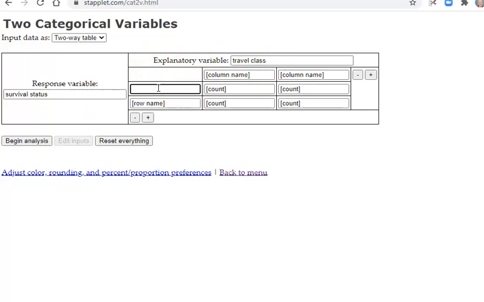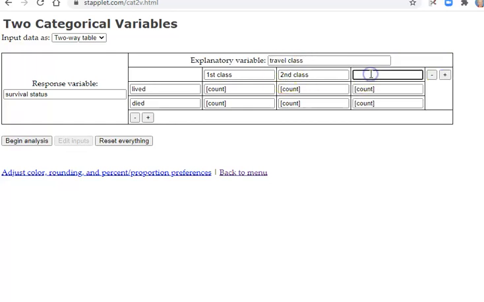The values of the survival status variable are lived or died. The values of the travel class variable are first class, second class, and then we need third class and staff. So we're going to have to add a column over here using this plus symbol. So third class and staff.